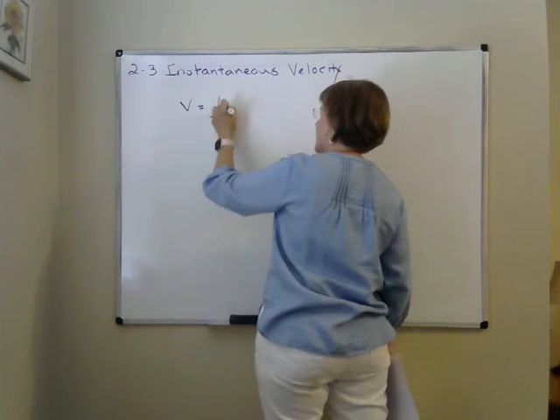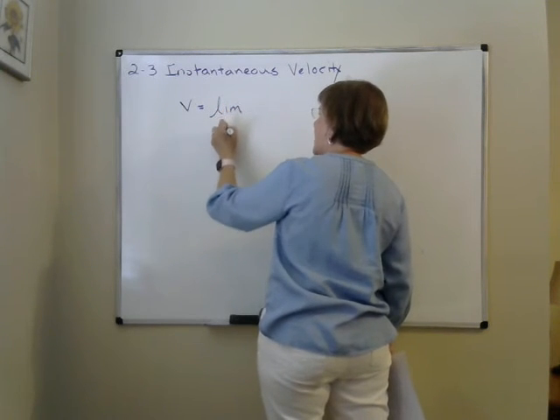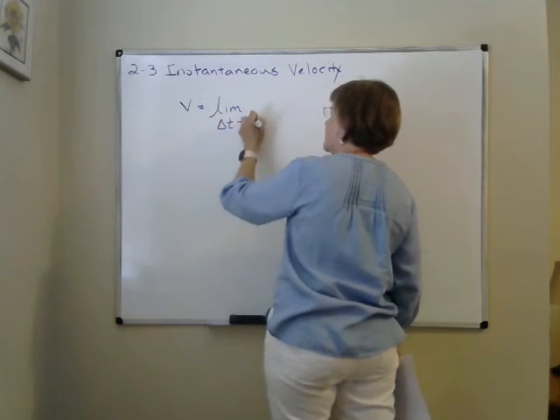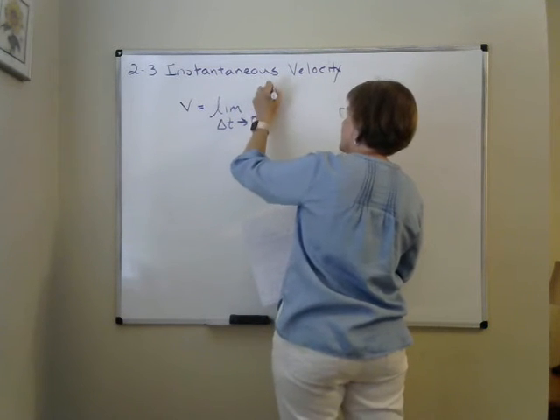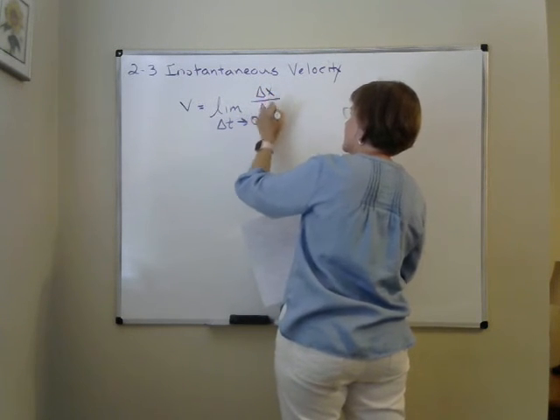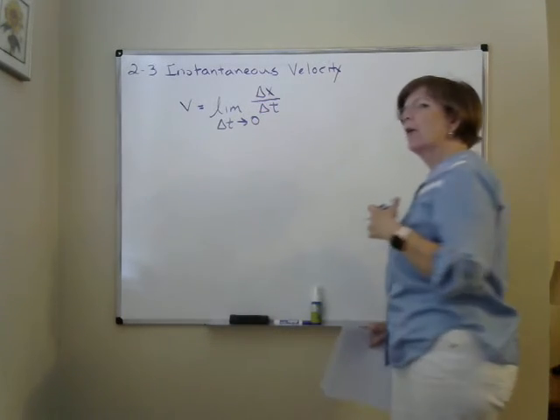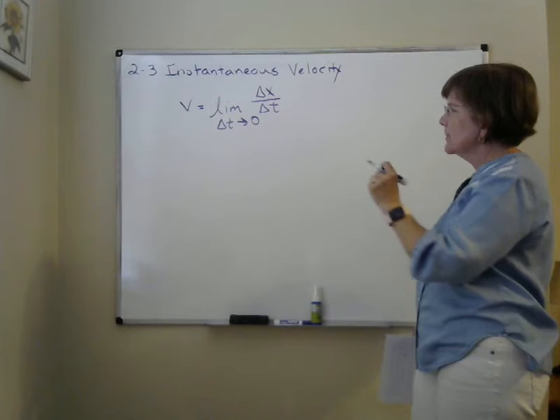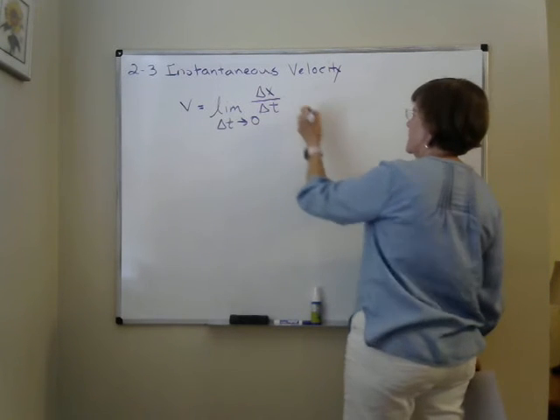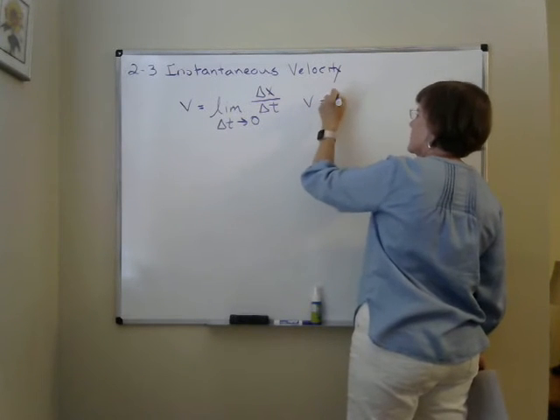So basically, the formula for the velocity, notice I don't have an average bar this time, it's the limit as our time interval goes to 0 of change in position over change in time. If you've already taken calculus, then you understand that this limit as the time goes to 0 is actually a derivative.